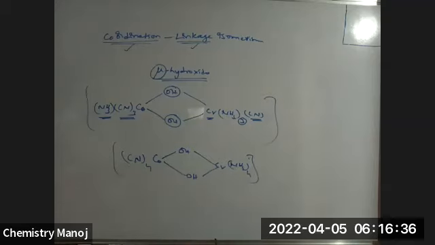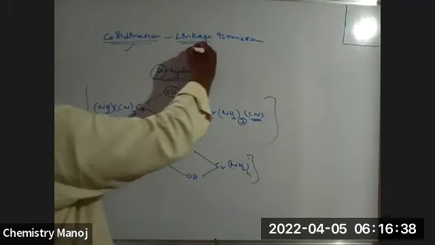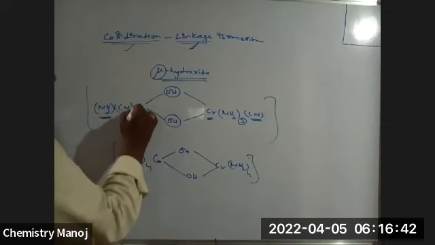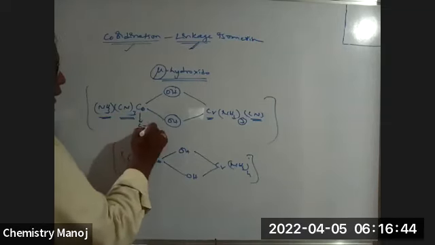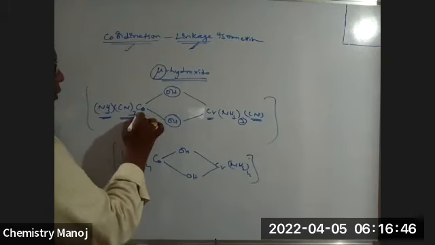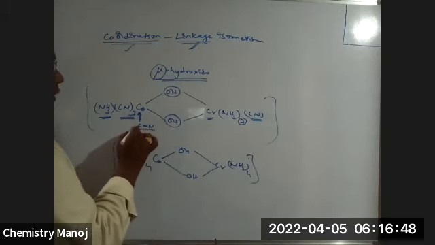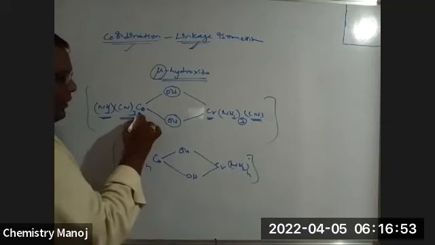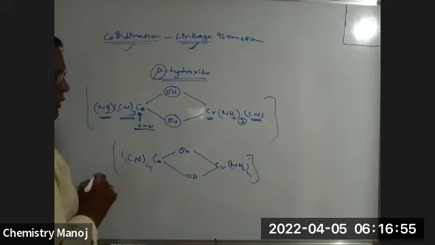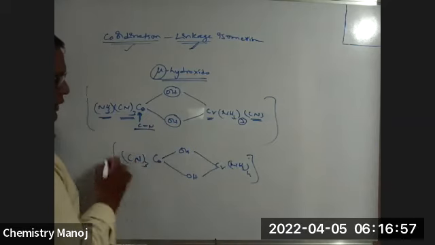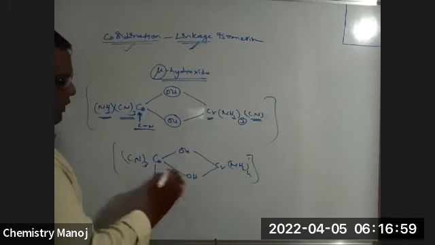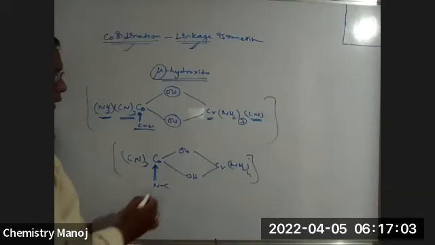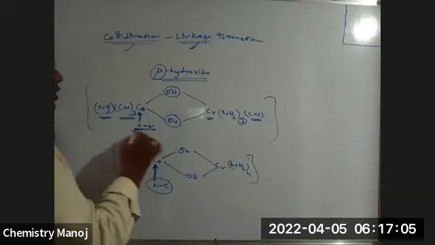Within the brackets, it changes. And also the linkage. See, my dear, here the bond is between the metal and the carbon of the cyanide ion, between carbon and cobalt. But here I am writing CN with nitrogen and carbon, the donor is the nitrogen atom, my dear. Here, is the link between metal and ligand changed or not in this case?